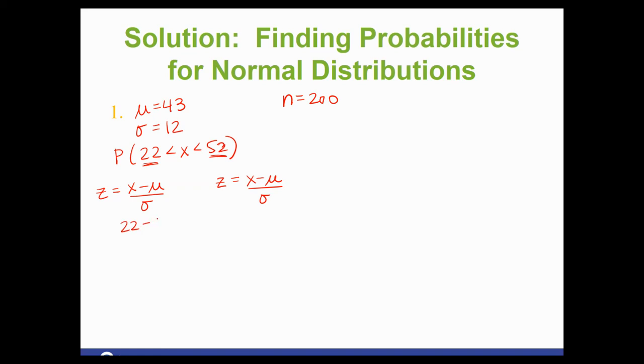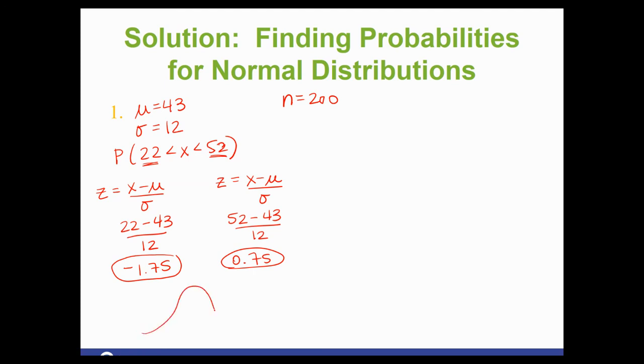So 22 minus 43 over 12 for the first one, and we get negative 1.75. And then we can plug in 52 for X on the second one here. We get positive 0.75. So we have two different z's.